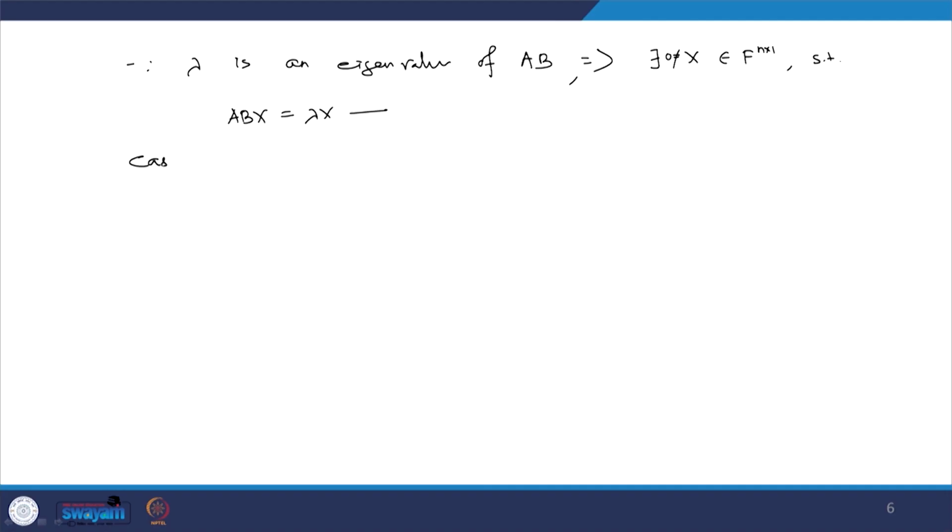Case 1, when lambda is not equal to 0. Then ABX equal to lambda X is not equal to 0, because X is not equal to 0 and lambda is not equal to 0.